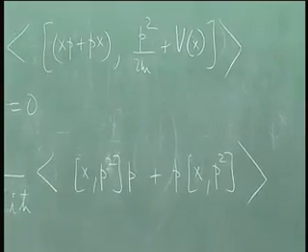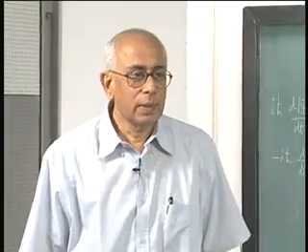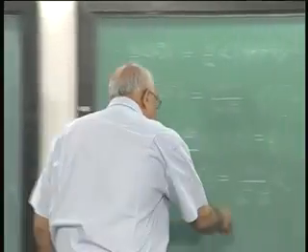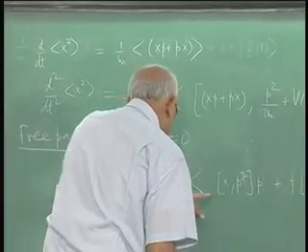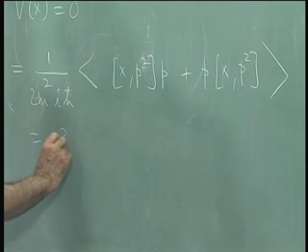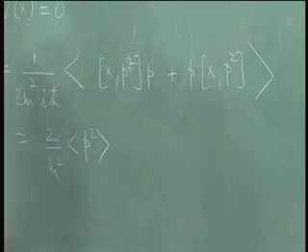What is x with p squared? 2 i h cross times the derivative of p squared with respect to p, which is 2p, right. So it is twice i h cross p, and the twice i h cross cancels, and this gives you a p squared plus a p squared, so it is 2 over m squared p squared.